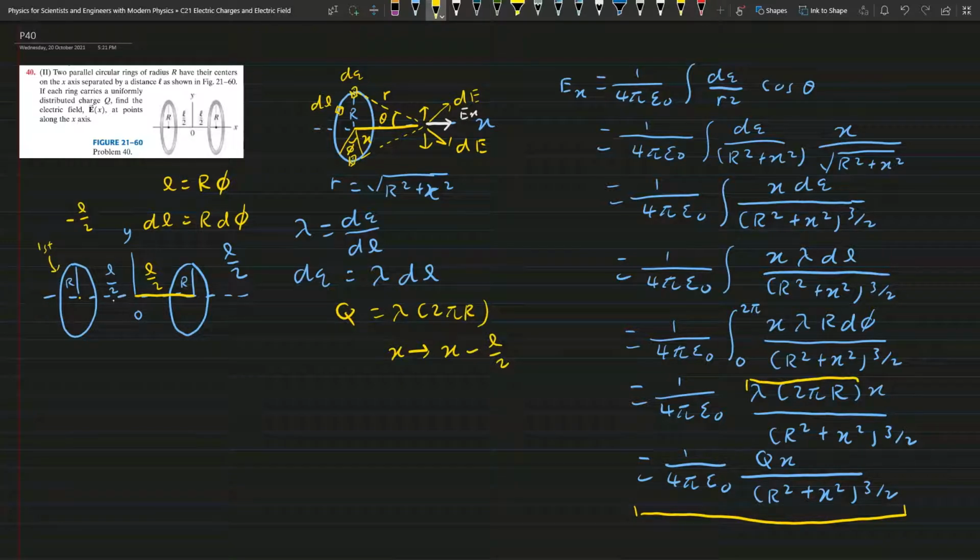The reason is we want to shift the origin to the new site, which is here.